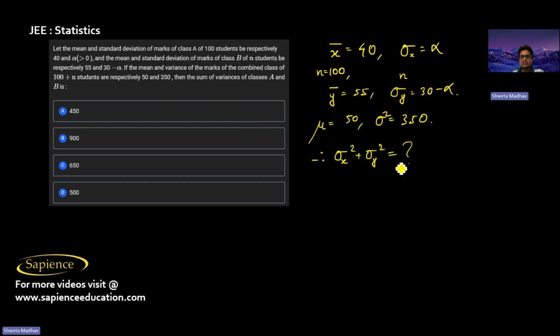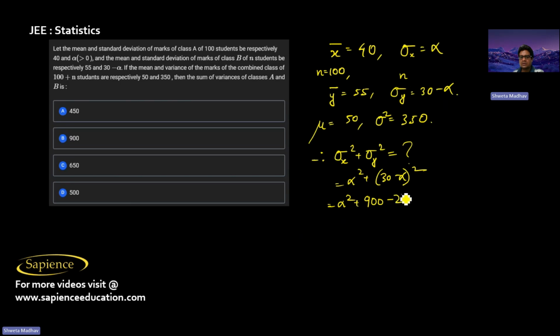That we need to find out. This will be alpha square plus 30 minus alpha whole square. That is alpha square plus 900 minus 2 into 30 into alpha, that is minus 60 alpha, plus alpha square. So that is equal to 2 alpha square minus 60 alpha plus 900.